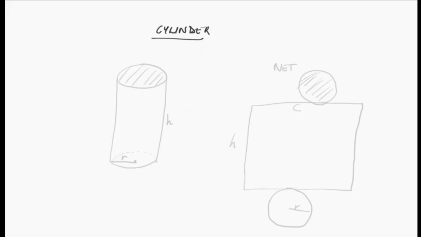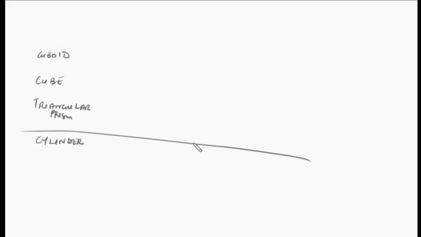a common assignment. Say you have a table, you have a cuboid, you have a cube, you have a triangular prism, and then you have a cylinder.